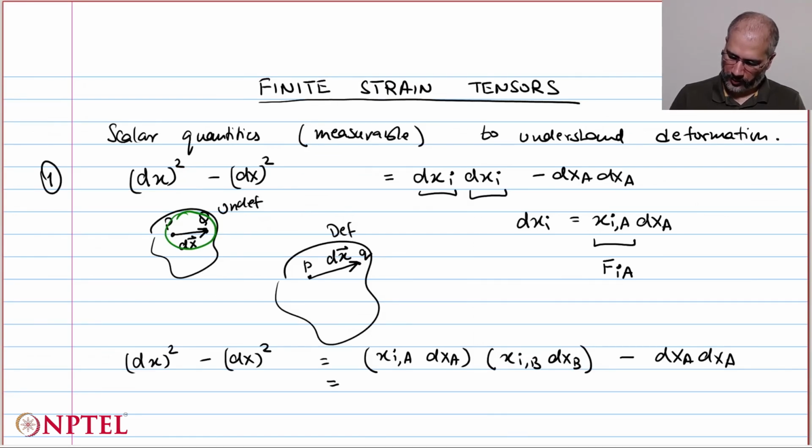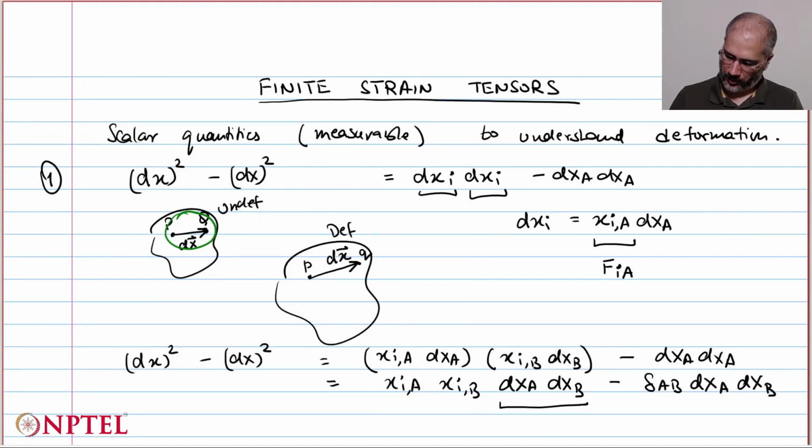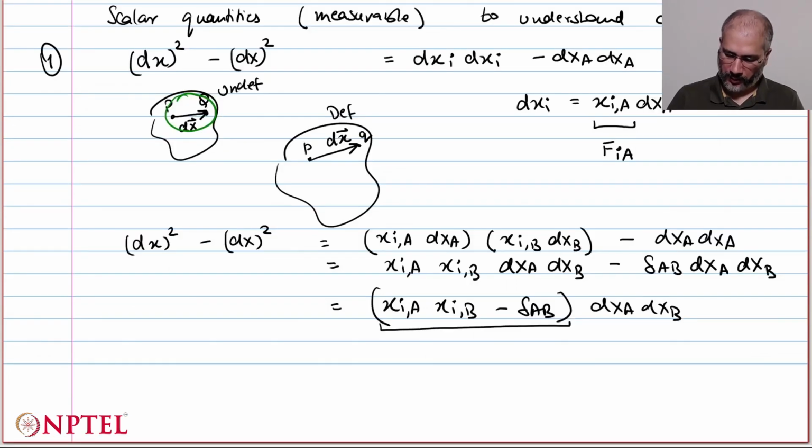I'll just move around the terms here. So I write this as xi comma a, xi comma b, dxa times dxb. Now just to make sure that we have a dxa dxb as well, we write the second term as delta ab times dxa times dxb. And this quantity here, we will call CAB minus delta AB.